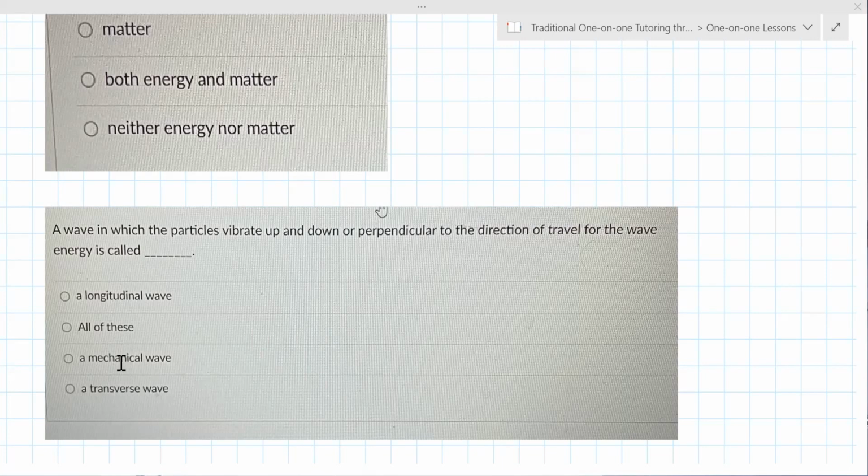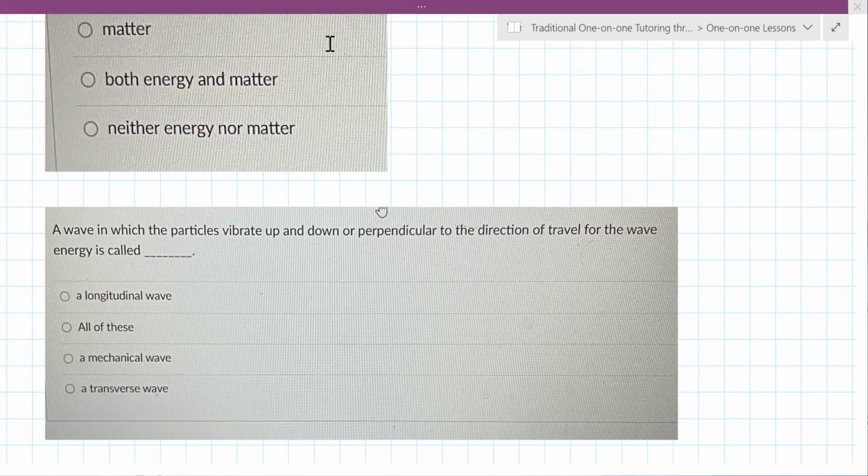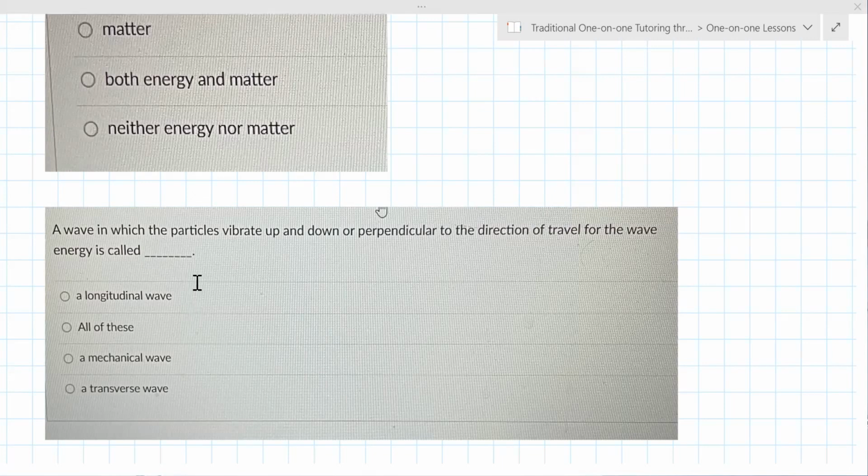The question is, is it a mechanical wave? And it would be, so I think the direction of travel for the wave.